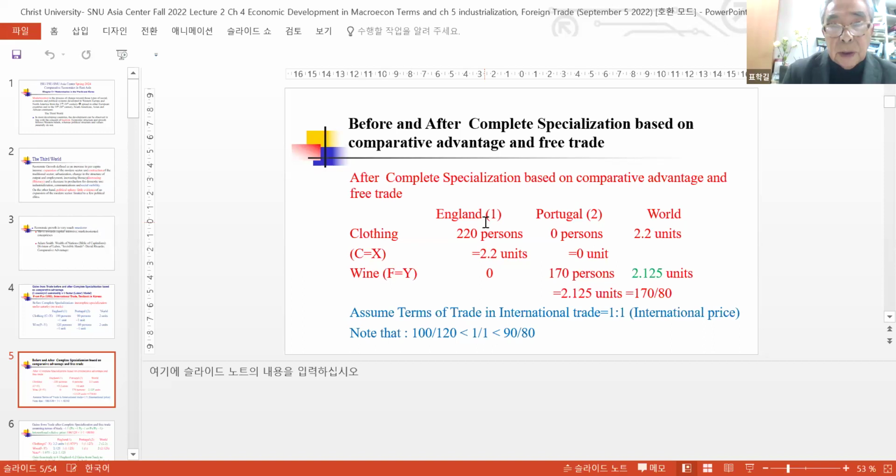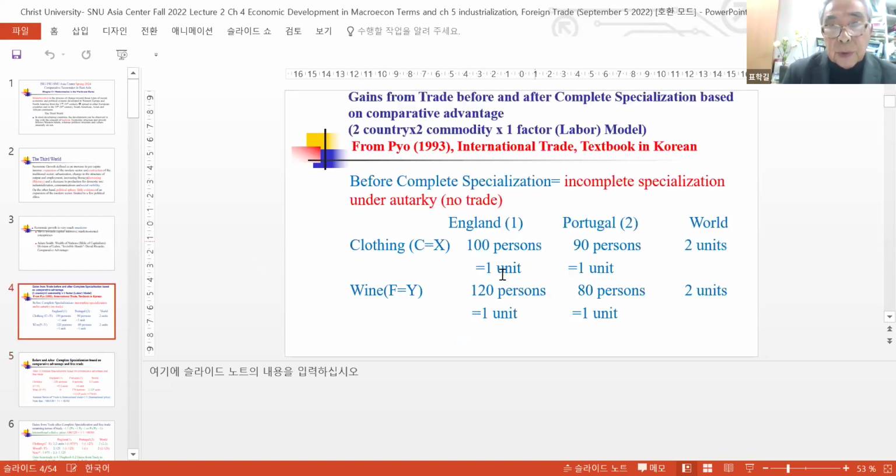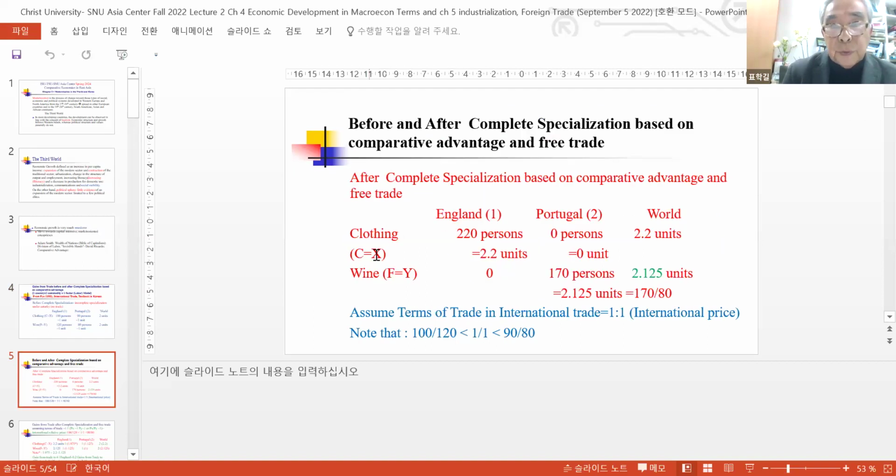So in England, they put the resource, 100 persons and 120 persons in two industries together, and move to the clothing industry, 220 persons. Of course, then they will produce 2.2 units of clothing because they require 100 persons to produce 1 unit. On the other hand, Portugal should put all the people, 170 people, to producing wine.